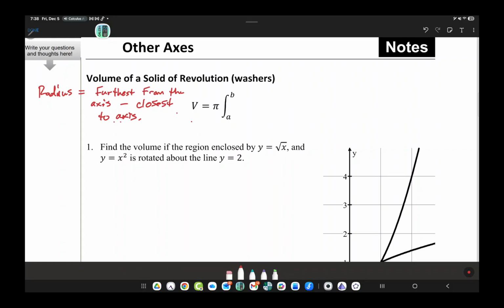So is your line of revolution closer or furthest from the x-axis? If it's further from your x-axis, that goes first. Whatever is furthest, whether it is your function or the line you're revolving around, goes first. Then you subtract what is closest to the x-axis. Okay? And I'll hopefully give you a visual representation of this in just a moment. But again, we're going to take that concept: this is still going to be the outer radius, minus the inner radius, dx.